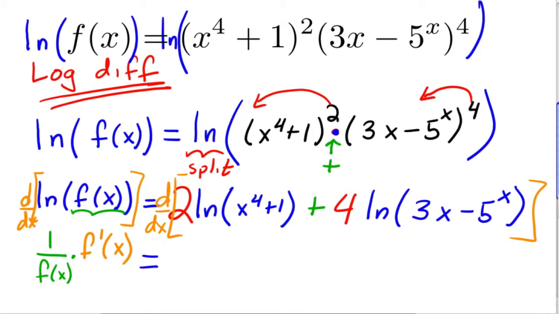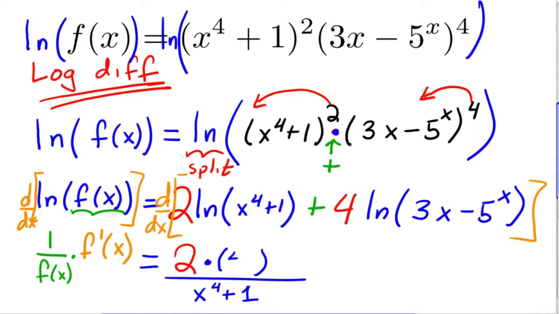Okay, so this is equal to then, here I'm going to have the number 2, and then the derivative of natural log of x to the fourth plus 1. Remember, the derivative of natural log is 1 over the inside, so 1 over x to the fourth plus 1, and then times the derivative of the inside of the natural log by the chain rule.